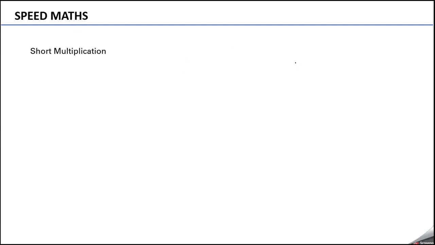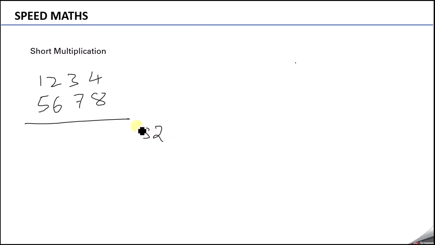Yeah, so let's look at the four digit now. Say you have four digit 2, 3, 4, 5, 6, 7, 8. We'll follow the same process again. 8 into 4 you have 32. Make your compartment over here.